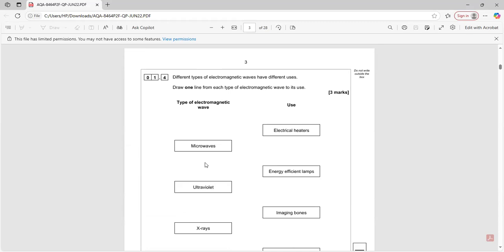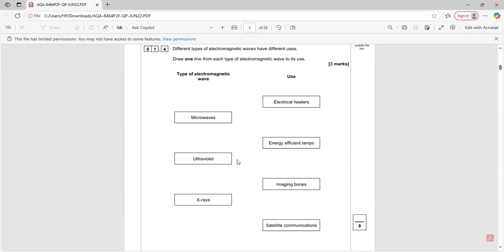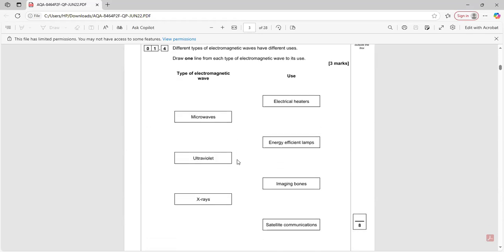It says different types of electromagnetic waves have different uses. Draw one line from each type of electromagnetic wave to its use. Okay, so I think if you remember, microwaves are from phones.